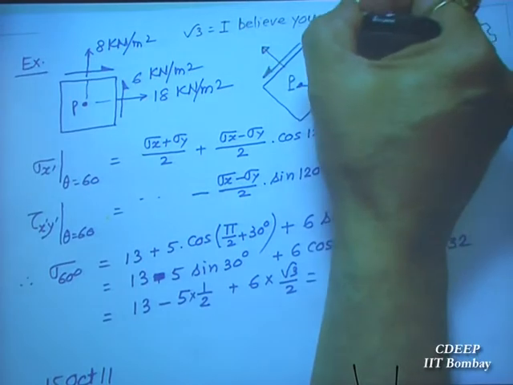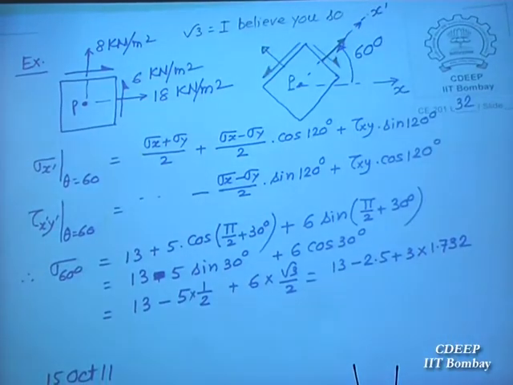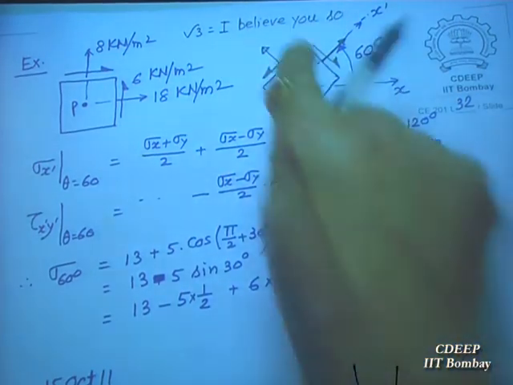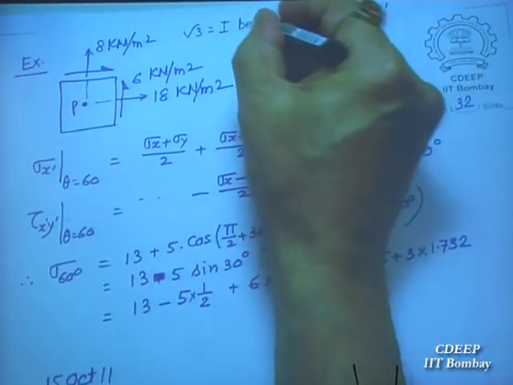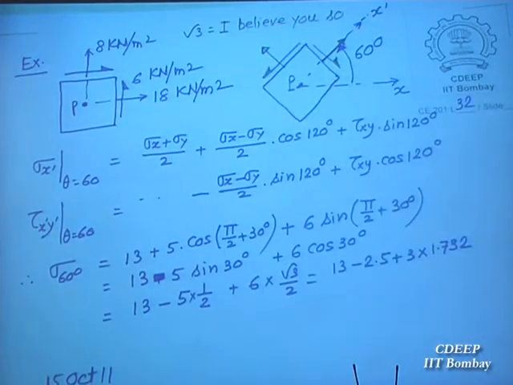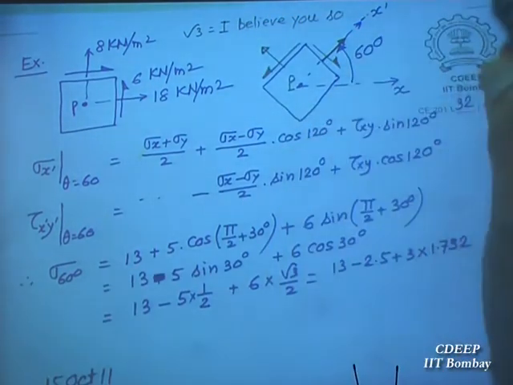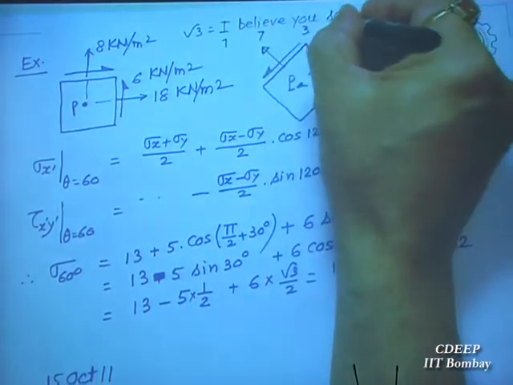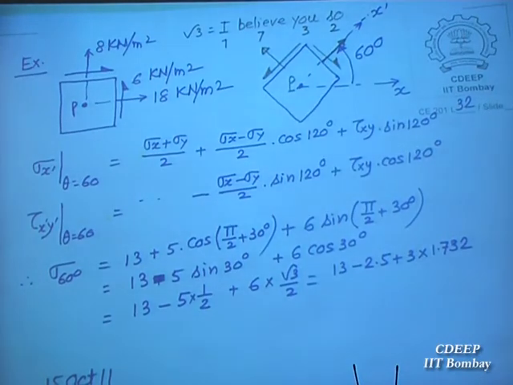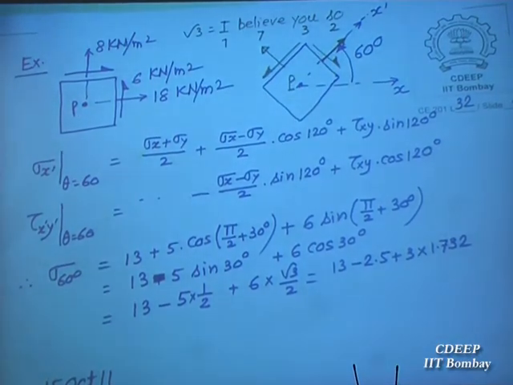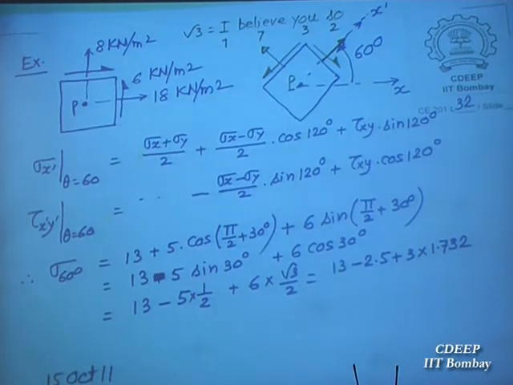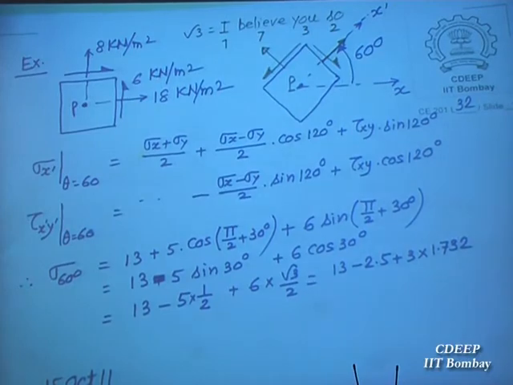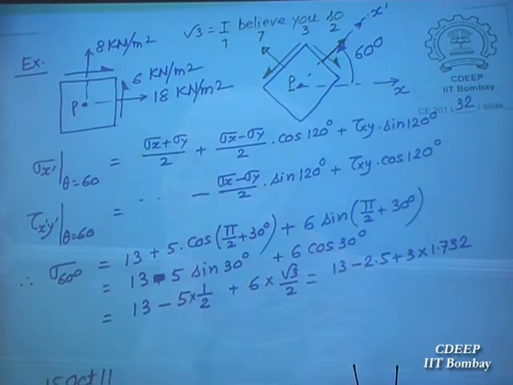It means nothing, but he said, I believe you. 1.7 has 7 letters, 1, 2, 3, 4, 5, 6, 7, so this is 17, this is 1732. So this I still remember. Root 2 also has a formula, I will tell you.